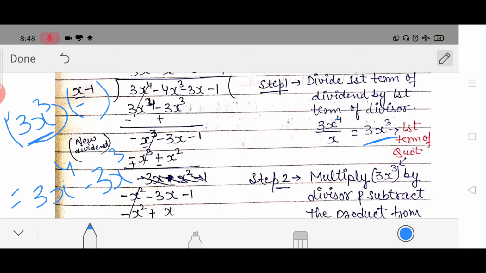Okay, now you have to subtract this term from the dividend. So you have written 3x^4 here and 3x cube here. Now you have to subtract it. For subtraction, as you know, the signs get opposite. It was a plus sign, so I have applied a negative sign here, and it was negative, so I have applied a positive sign here.